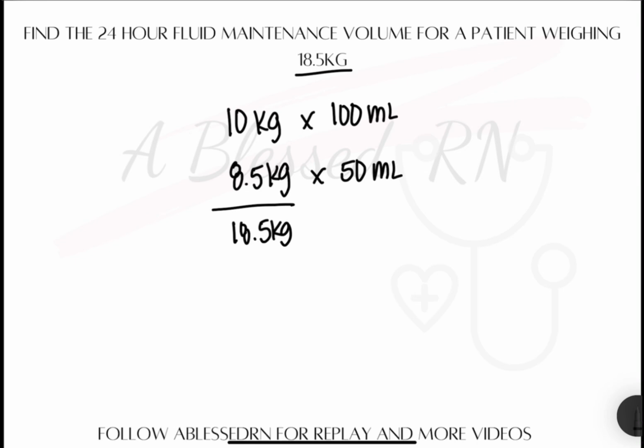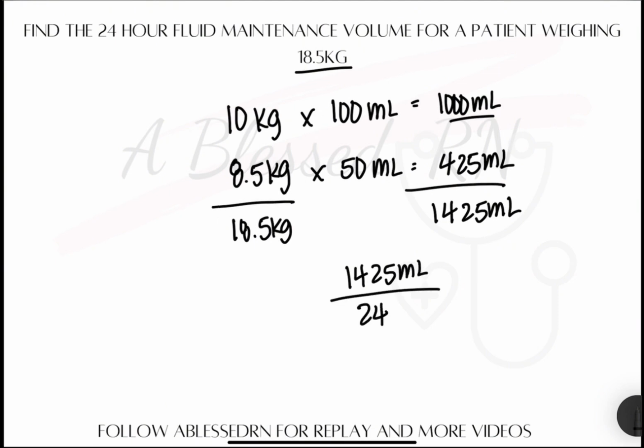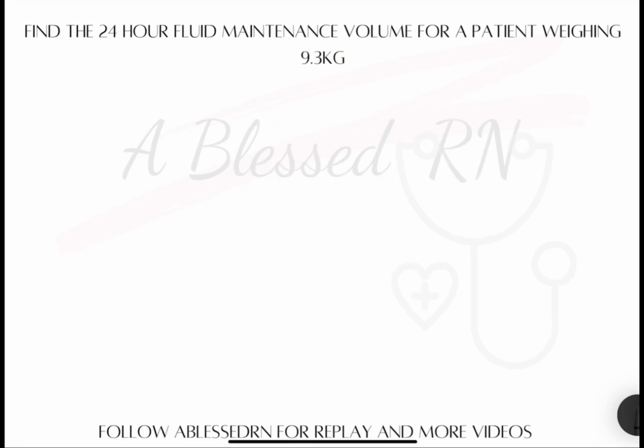So the first 10 is automatically 1,000, just like the formula. And then your 8.5 times 50 is going to be 425 milliliters. And you add it together to get your 1,425 milliliters per 24 hours. I think I like the second way better. Let me know what you think about it in the comments.